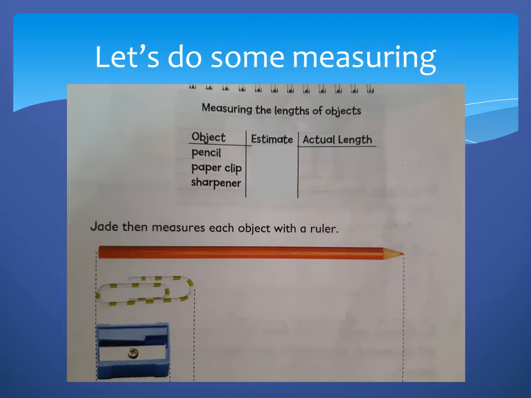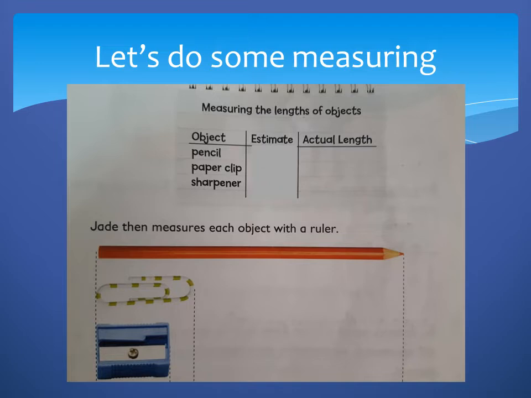All right, so write the estimates. What do you think is the estimate of the measurement of this pencil? Then the paper clip. I think the paper clip should be like maybe like 6 millimeters. Oh, no. Maybe, okay, I estimate the pencil to be 6 centimeters.